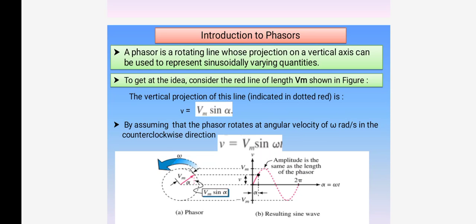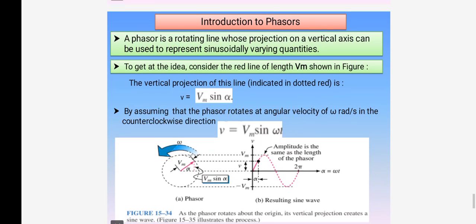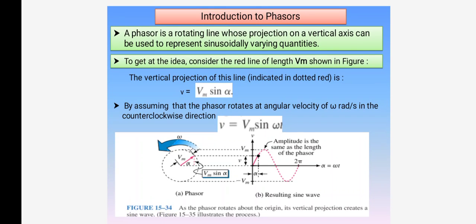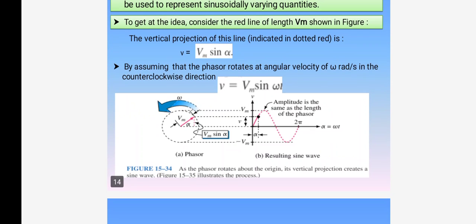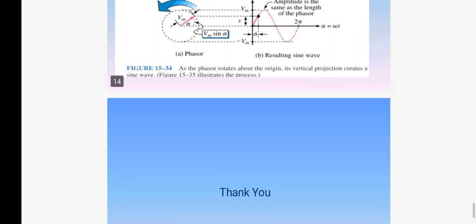By assuming that the phasor rotates with angular velocity omega radians per second in the counterclockwise direction, you can see here the red line, V equals Vm sin omega t. The phasor diagram has a dotted circle, and then an arrow mark in the anti-clockwise direction.